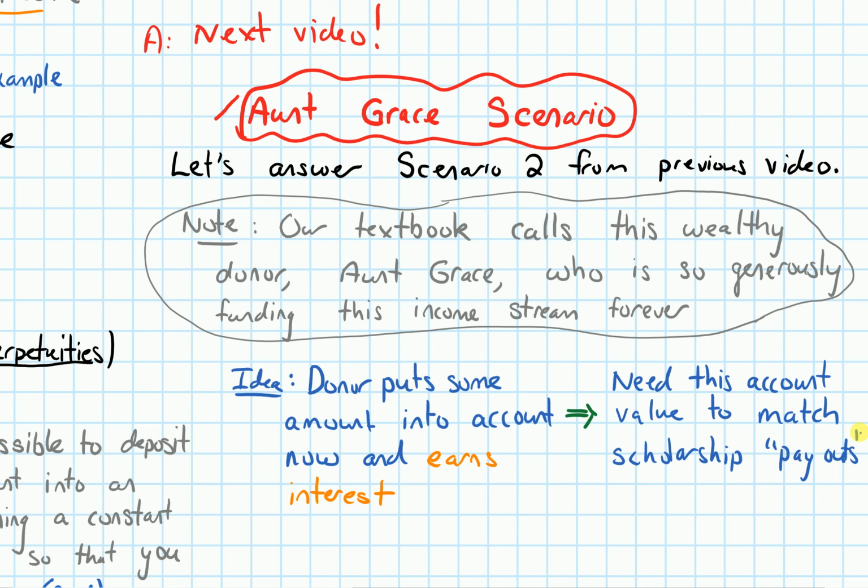So the amount that needs to be withdrawn to fund the scholarship. And this needs to happen forever, because that's the scenario. We want this initial donation to last forever, so it doesn't run out.